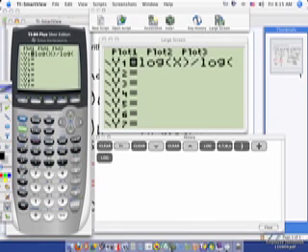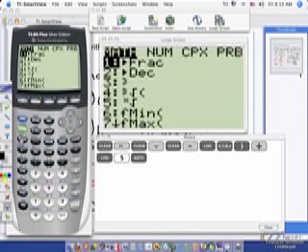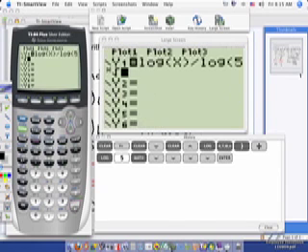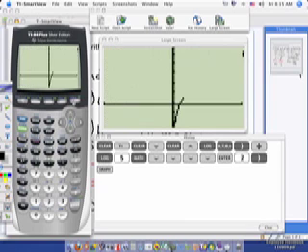How do we get the 5th root of 2? Okay, so we're going to do the 5, then what? The math. And then go down to number 5 here, the x root button, because it's going to put that 5 into the roots. It's the 5th root. 2. Close parentheses. So now let's go to graph.